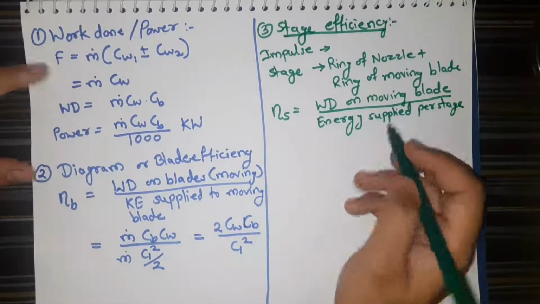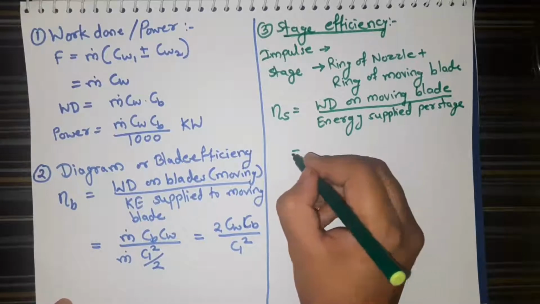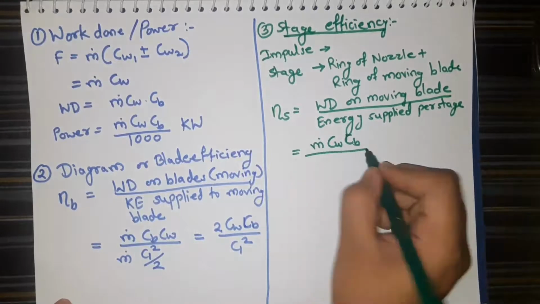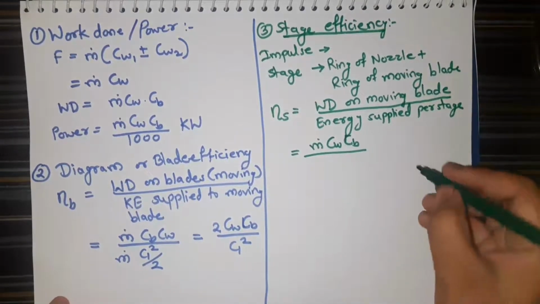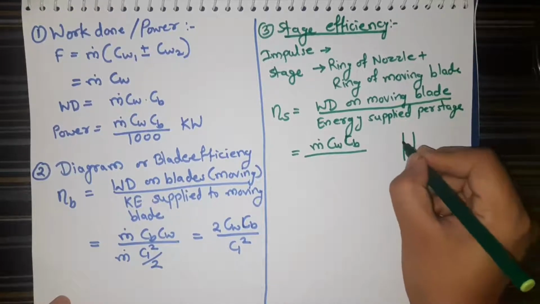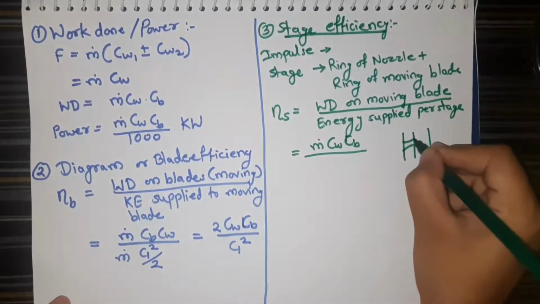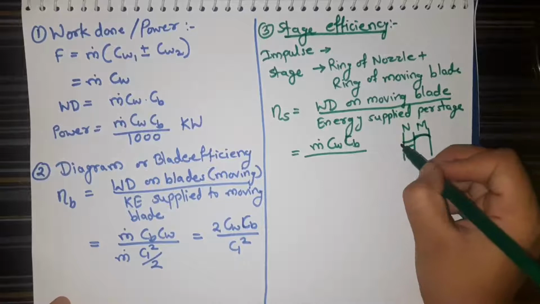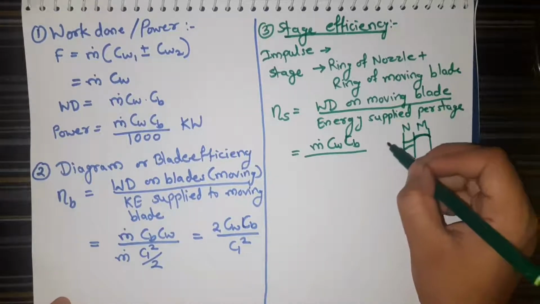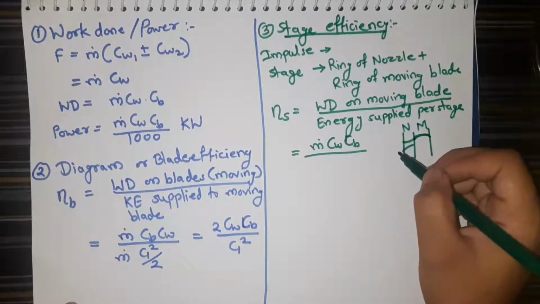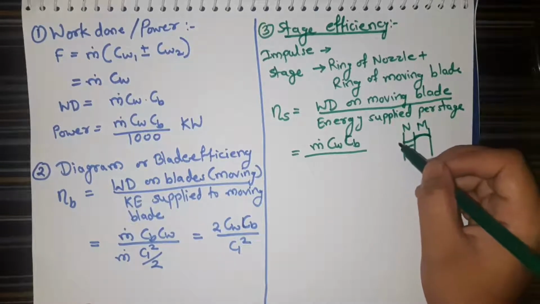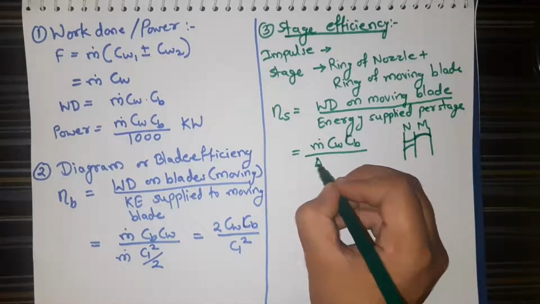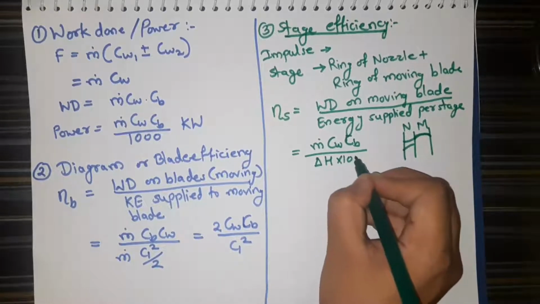Now the work done on the moving blade is m dot Cw Cb divided by the energy supplied per stage. As we know here, the first ring is of nozzle and after that the next ring is of the moving blade. This is the nozzle and this is the moving blade. So here the energy is in the form of enthalpy, that is heat energy. The energy supplied per stage will correspond to the isentropic heat drop, that means delta H into 1000.